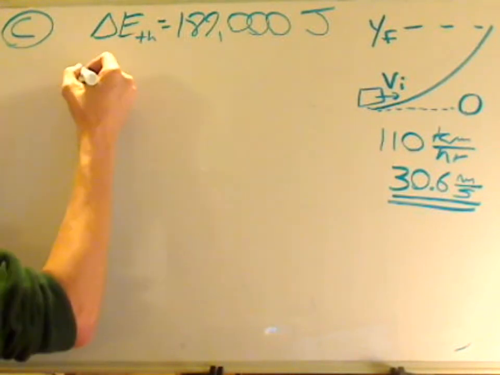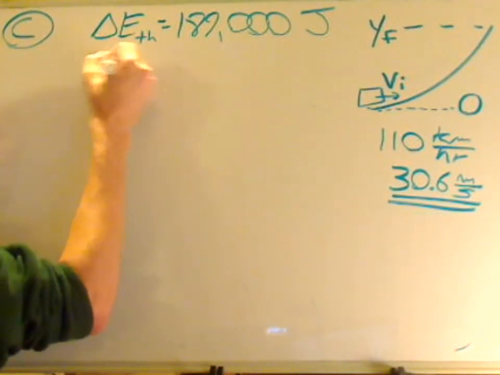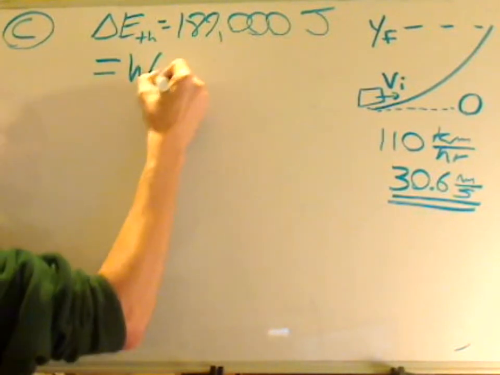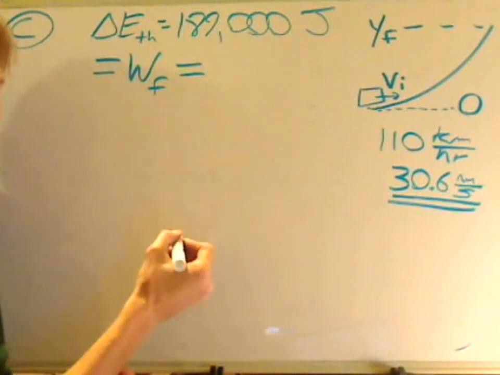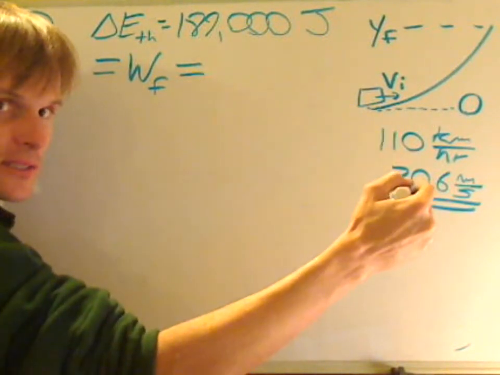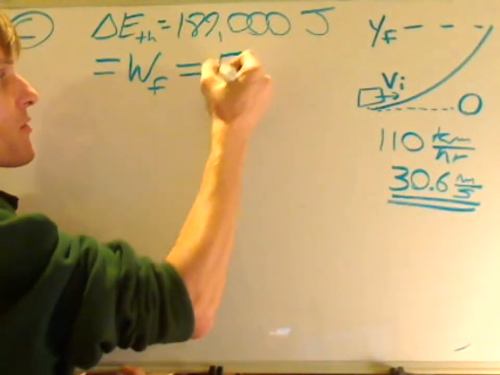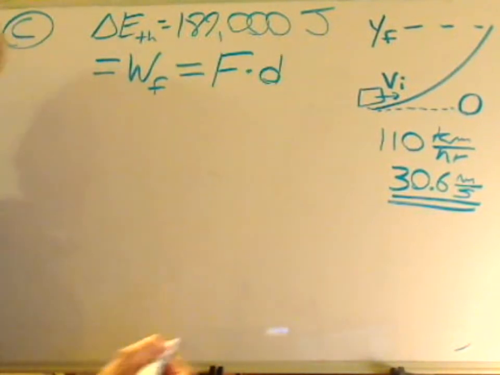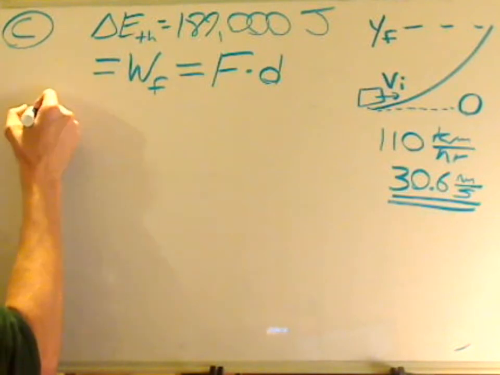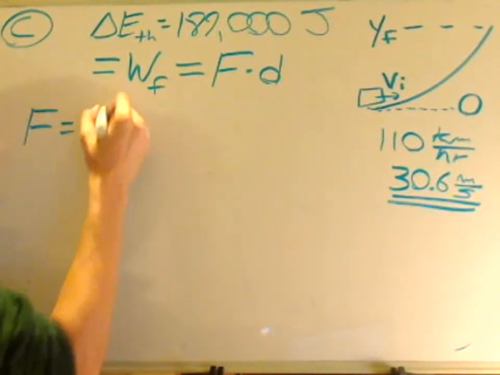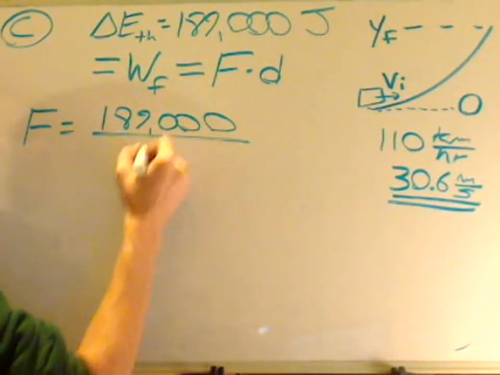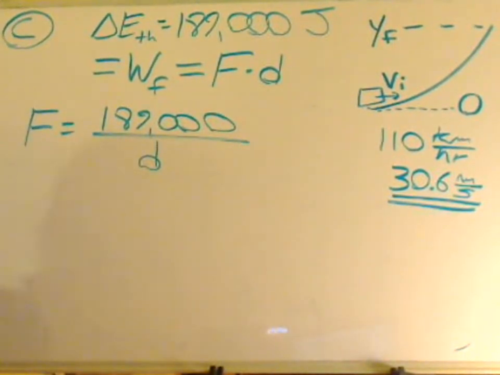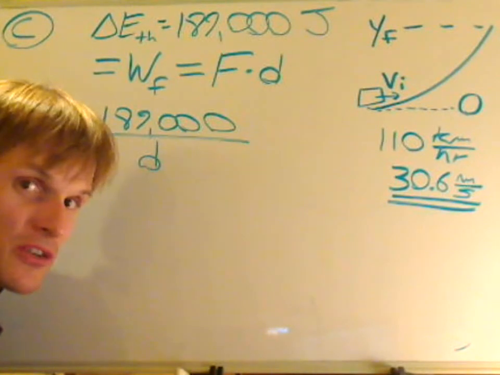This is equal to the work done by friction, and work is force times displacement. So the force of friction is 189,000 divided by the displacement.